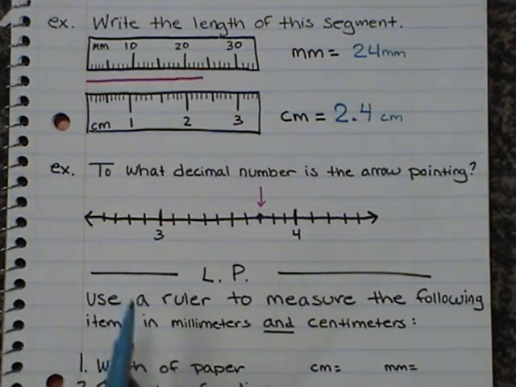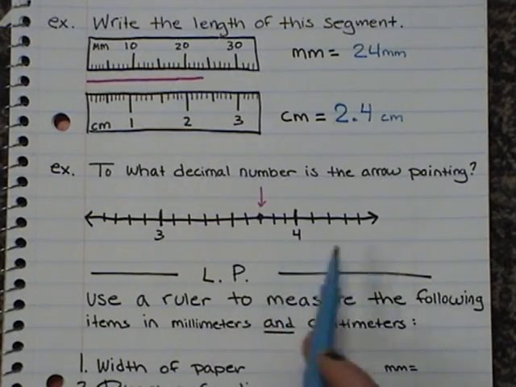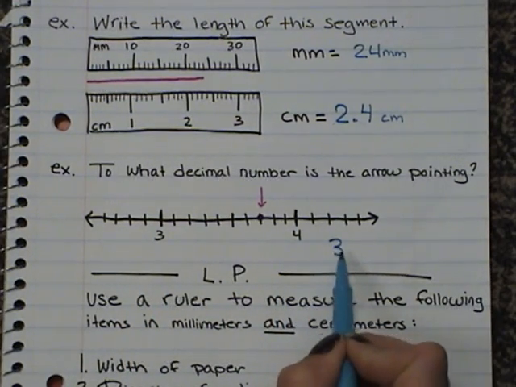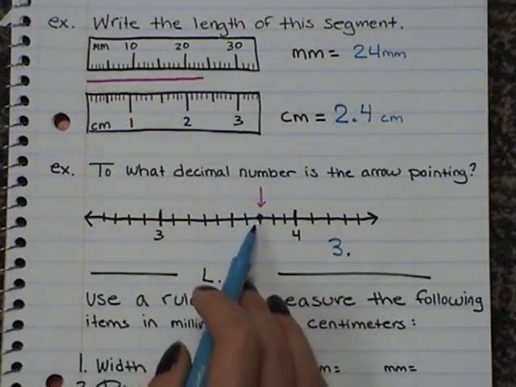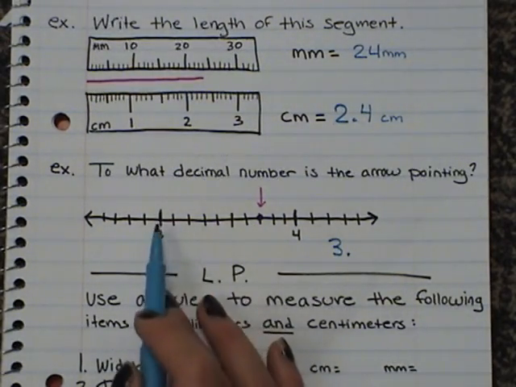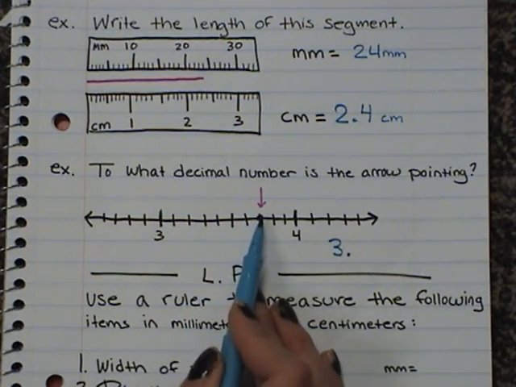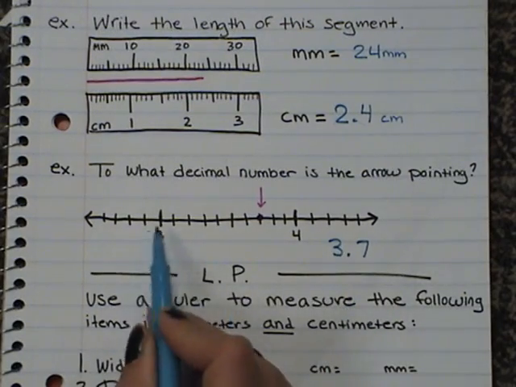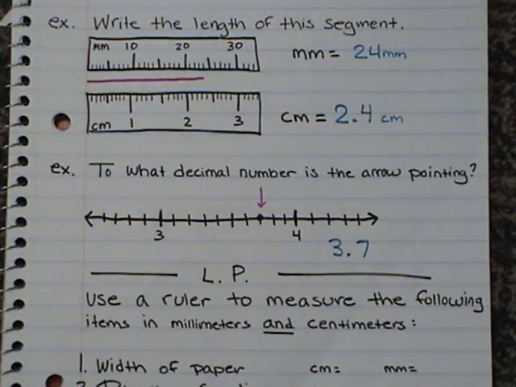If I count from 3, and I'm not quite at 4, so I know that my whole number is going to be 3, and what I need to find out is what tenth that arrow is pointing to. Well, then go 1, 2, 3, 4, 5, 6, and 7. So I have 3 whole, not quite 4, and 7/10. So my arrow is pointing to 3 and 7/10.